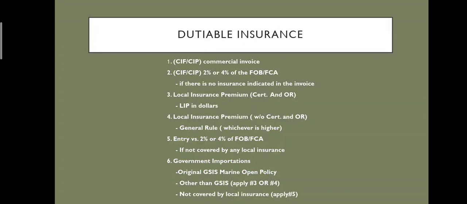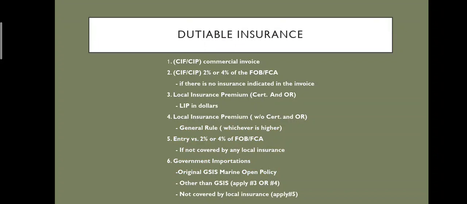Rule number 1, CIF or CIP commercial invoice. Rule number 2, CIF or CIP 2% or 4% of the FOB or FCA if there is no insurance indicated in the invoice. Rule number 3, local insurance premium with certificate and official receipt, LIP in dollars.